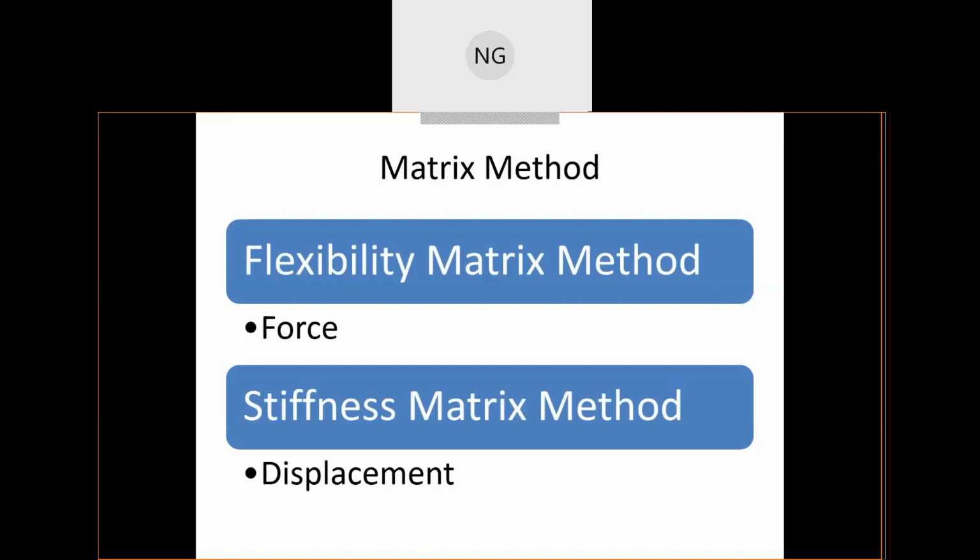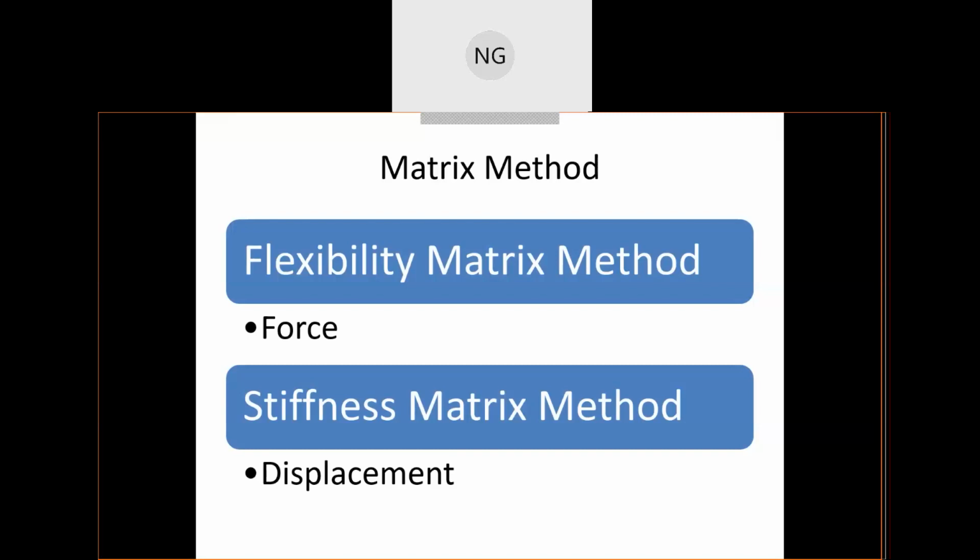Here forces are unknown, and the final forces in a member are found by knowing the displacements. In the stiffness matrix method, the basic unknowns are displacements, but we know the forces acting on a member.